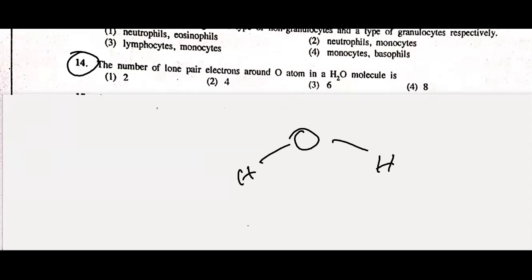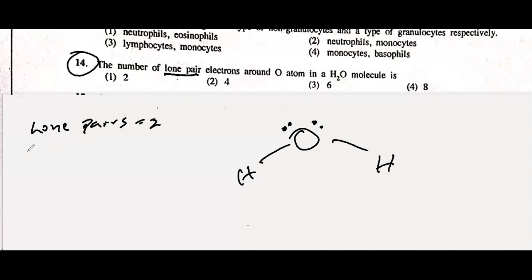So remember, it should be lone pairs of electrons. There are two lone pairs here, and two bonding pairs. Write everything: the water molecule has lone pairs 2.